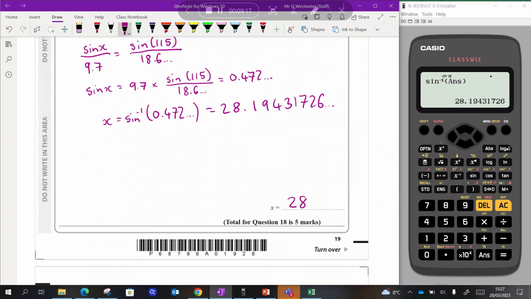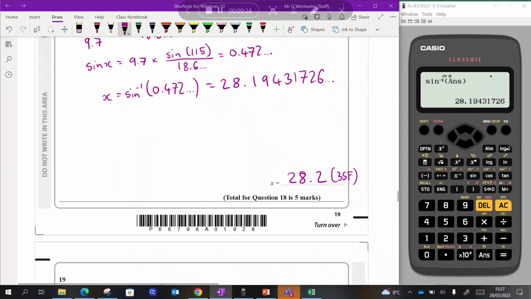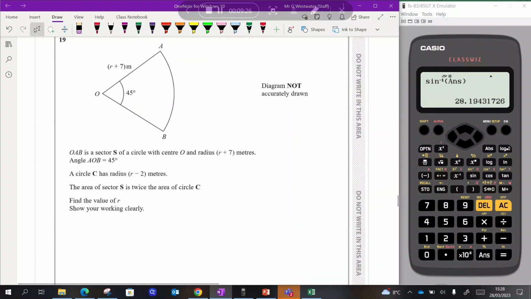So this is 28.2 to 3SF. Okay, on to question 19.